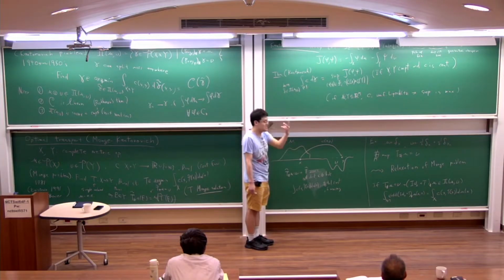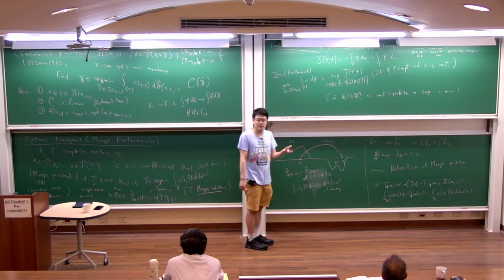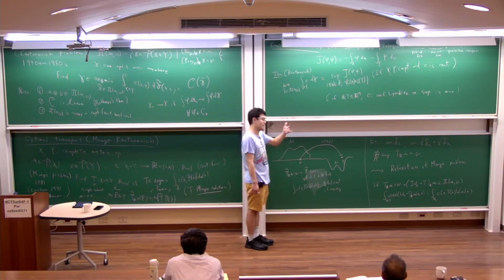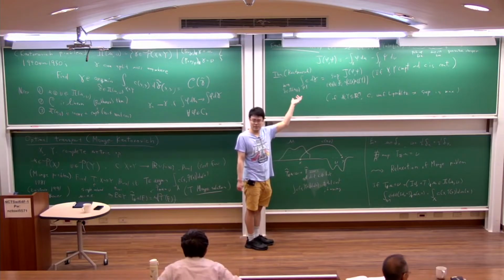But then you can take that function and rewrite that as a maximum of some expression. And this maximum will involve the space whose dual is the space of measures, which is the space of functions.